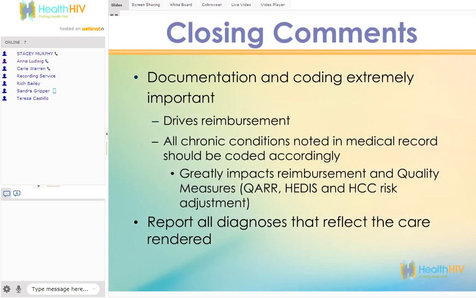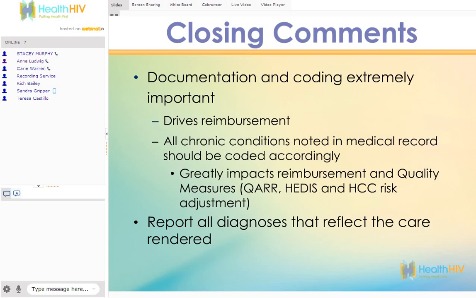So closing comments: documentation and coding is extremely important. It drives your reimbursement. Anytime a patient comes into your practice, obviously if it's for an acute problem, you want to address their acute problems.